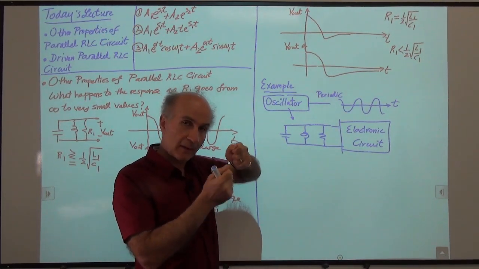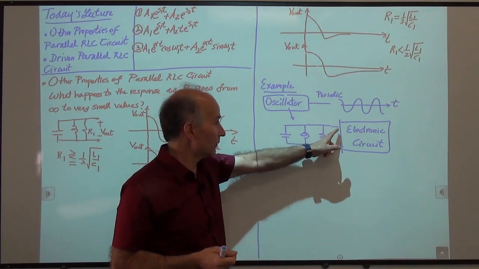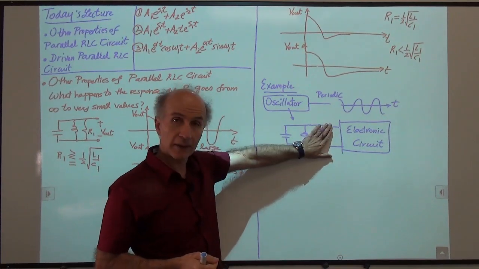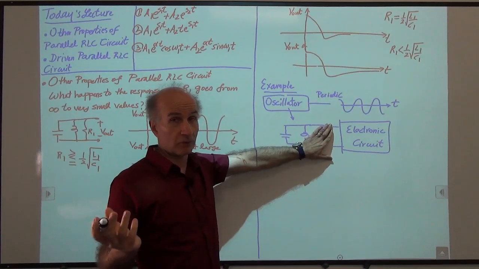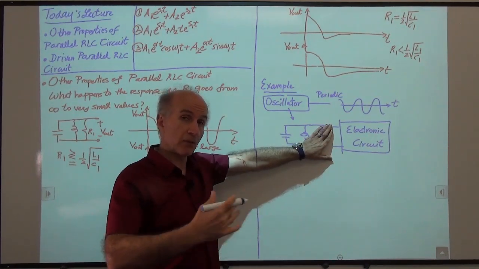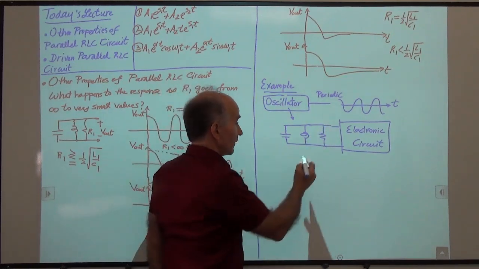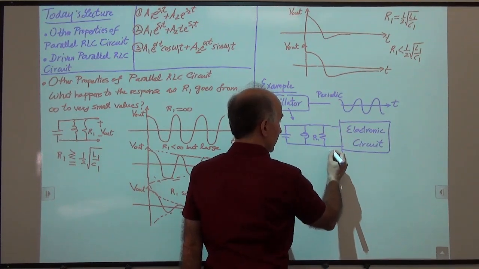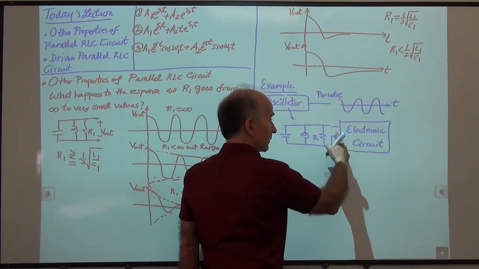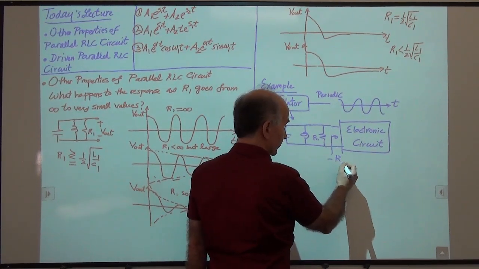What I do is I design this electronic circuit such that the resistance created between these 2 wires by the circuit is a negative value. Strange but true. We can create circuits whose input resistance is negative. So if this is R1, I will build this such that if I sit here and measure the resistance between these 2 wires from that circuit, it's minus R1.